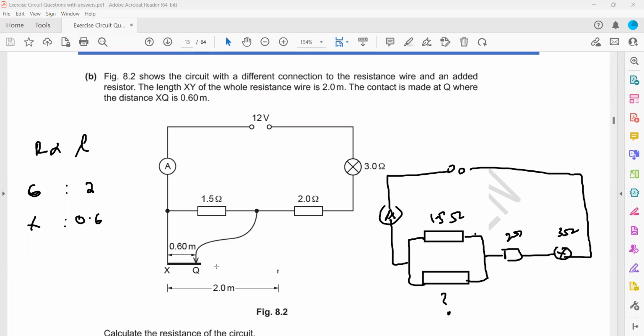We are only using 0.6 meter length. So resistance and length are directly proportional. If the total 2 meter wire has a resistance of 6 ohms, then a 0.6 meter wire will have a resistance of X ohm. So 2 is to 6, the ratio between the length and the resistance. If 0.6 meter, this will be X. We just cross multiply. So X will be equal to 6 times 0.6 divided by 2.